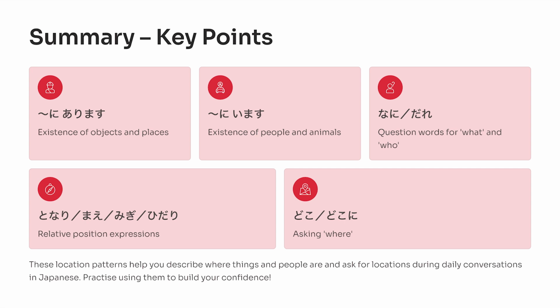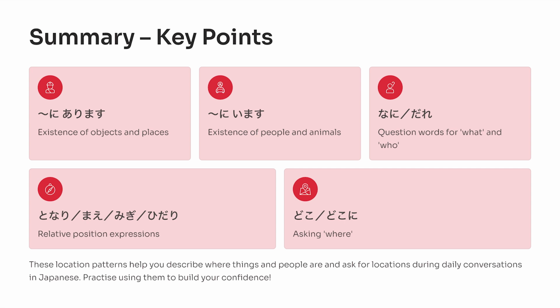We also learned several important relative location expressions, including 隣, 前, 右, and 左. These help us describe positions more precisely. Finally, we learned how to ask where someone or something is using どこ and どこに.